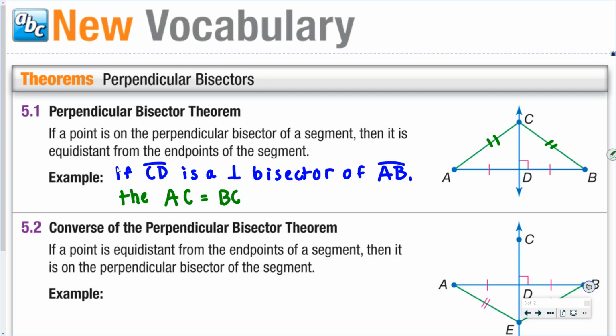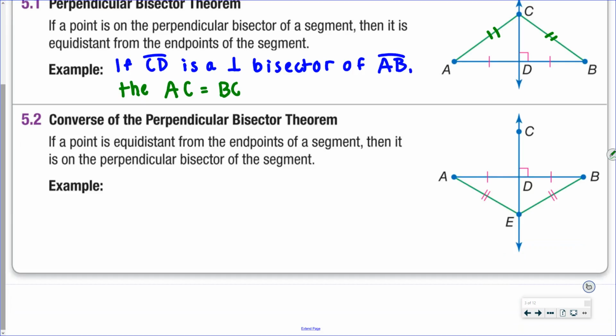Now, its converse also holds true. You know what converse is? We just flip-flop the hypothesis and the conclusion. So if we have a point and we know these distances are equal, if we know, in this case, AE is equal to BE, then we know for sure point E is on the perpendicular bisector.